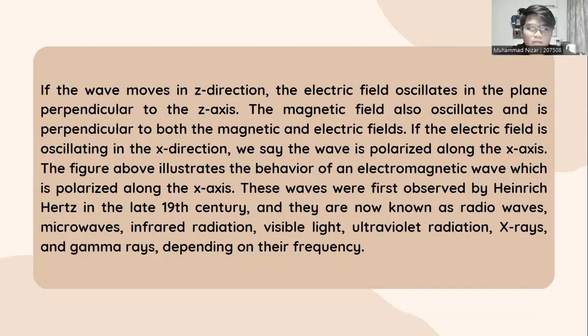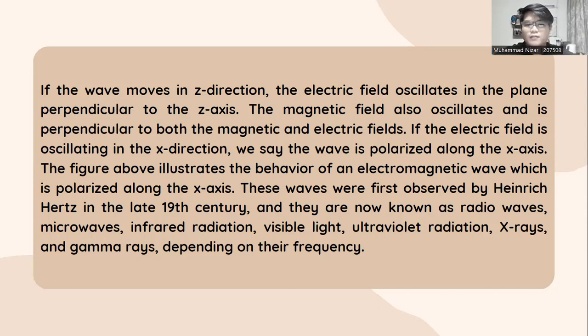Hi everyone, my name is Muhammad Nizar bin Abdul Halim and my matric number is 207508. So next I will present about the relation in the wave function or the wave. If the wave moves in the z direction, the electric field oscillates in the plane perpendicular to the z-axis.